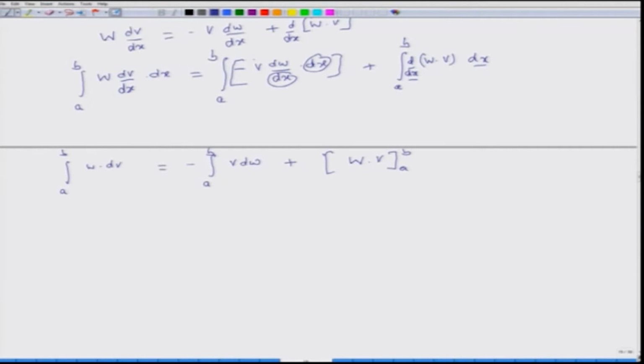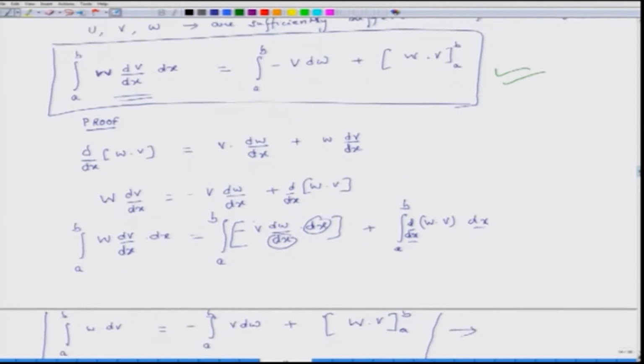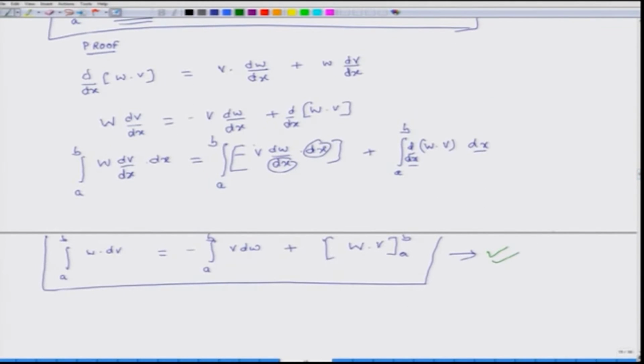Okay. So this equation is same as what we had written earlier. So we have shown that this equation is there.